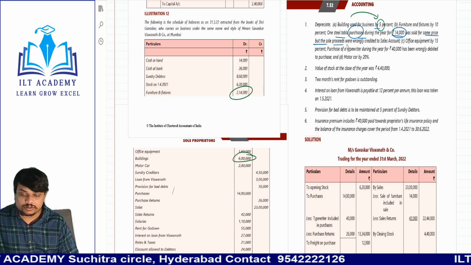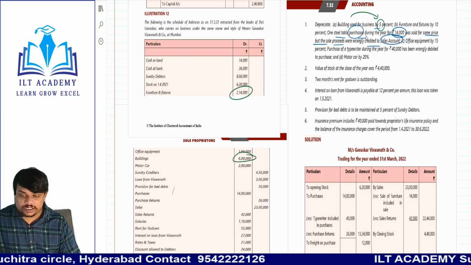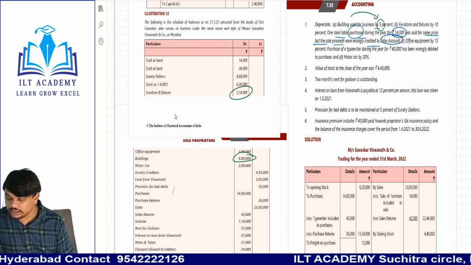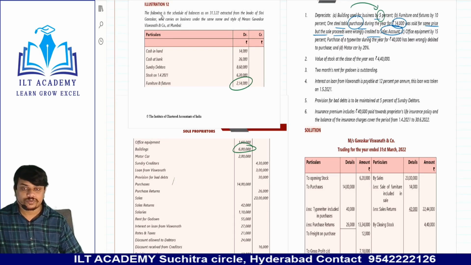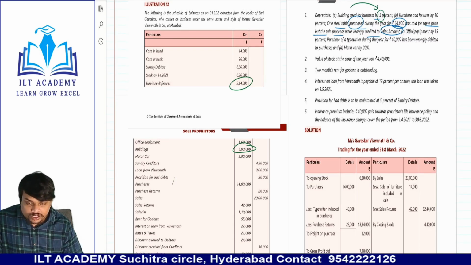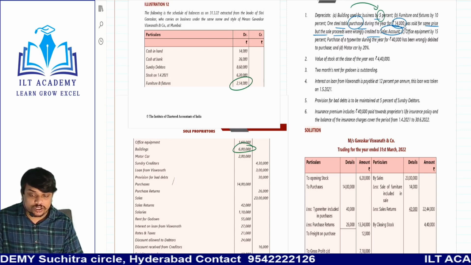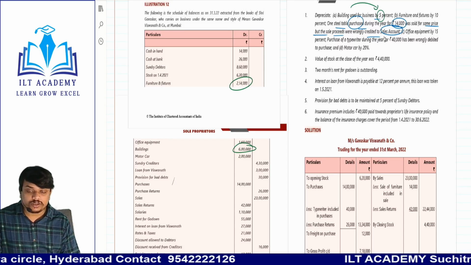Now after building and furniture is done: one steel table purchased during the year for 14,000 was sold at the same price, but the sale proceeds were wrongly credited to sales account.